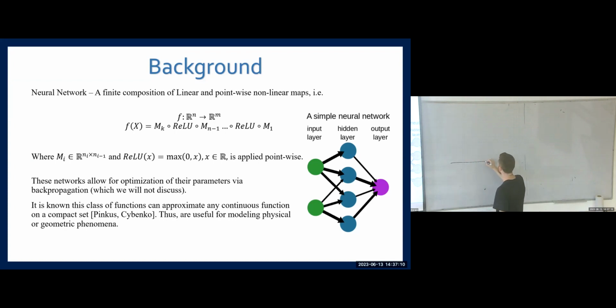Very good. So this is ReLU. So this is x equals 0. And this is applied pointwise on the vector. So what's written here is M1. M1 gives me a vector, and then I apply ReLU to each one of the entries.